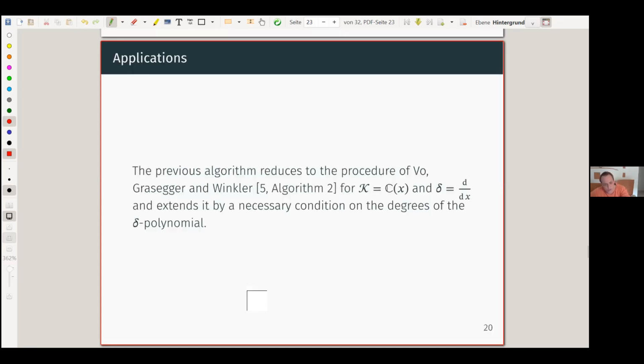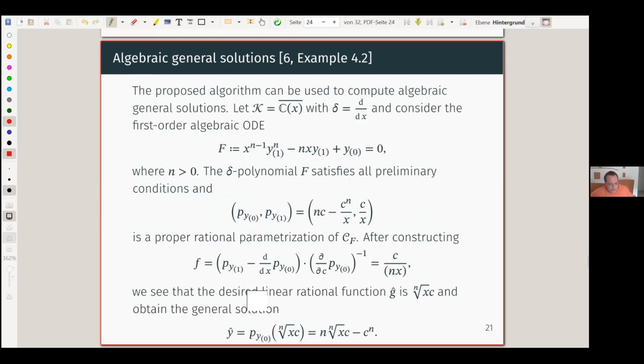And just to see that this really works, here is an example where you can see that, well, we can actually do a bit more with this kind of approach than before. And we choose here this differential field K just to be the algebraic closure of the complex rational functions in x. And consider this differential equation. Now this we can parameterize. The parameterization looks just like this.